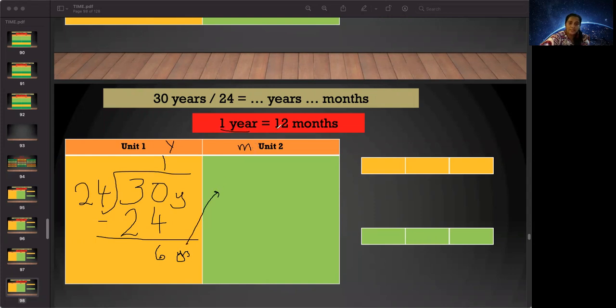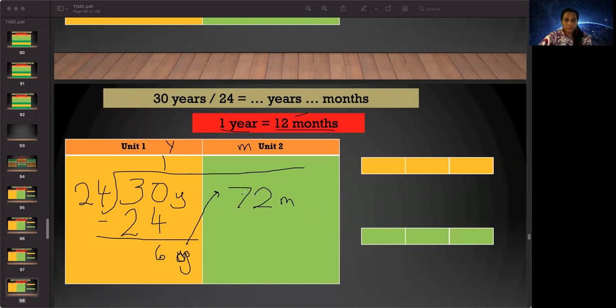So if 1 year is 12 months, 2 years is 24 months, 3 years is 36 months, 4 years is 48 months, 5 years is 60 months, that's times table 12 that I'm working on, and 6 years would work out to be 72 months. I'm extending the division line. Okay, your 6 years would convert to become 72 months.